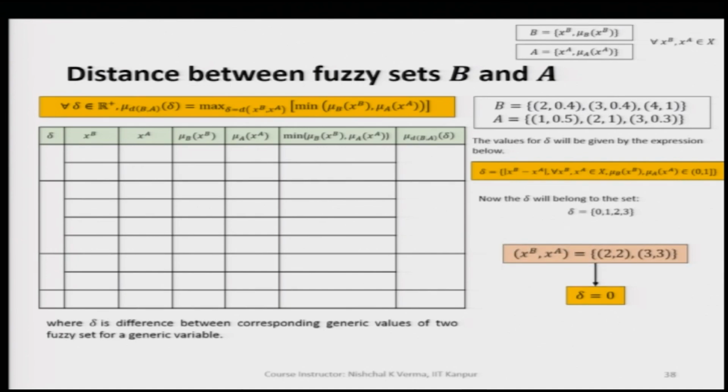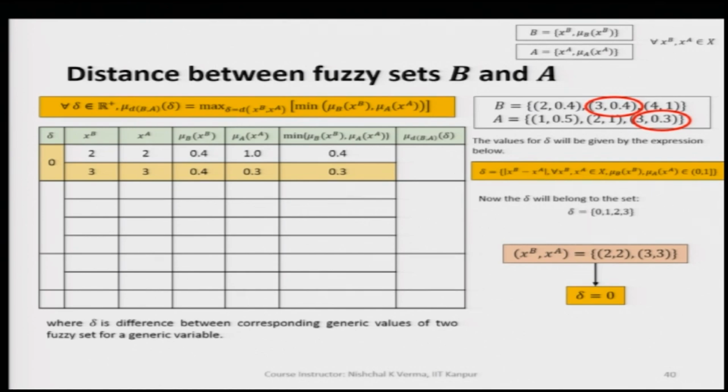For delta equal to 0, again we have 2 pairs. Here we have 2 2 and 3 3, for which we are going to get delta equal to 0. Let us enter this value of delta, which is 0, and for this delta we enter the corresponding values of x b and x a.